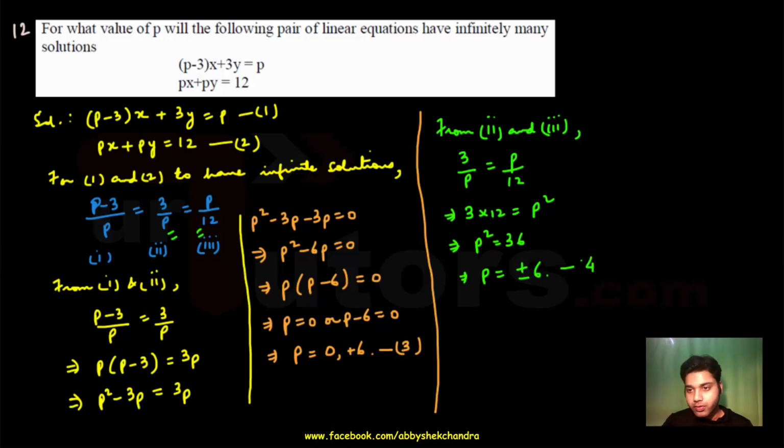Let's call it 4. So from 3 and 4, what is the common value of p? Here we have 0 and 6, here we have 6 and minus 6, so 6 is the common value, so p equal to 6 will be the answer.